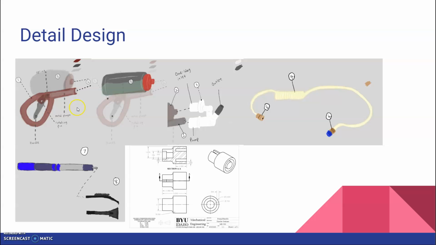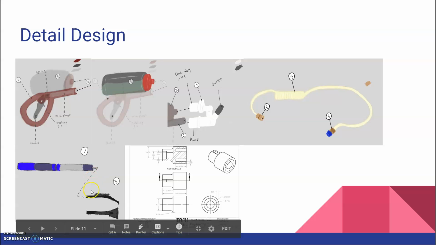So there's the handle with the pumping, or the plunger that goes into the pumping mechanism, the trigger that actuates that, the storage bottle that holds the de-icing fluid, the actual pumping system, and the tubing that carries the fluid from the pump to the nozzle at the end, and then the structure of the ice scraper handle and the ice scraper and brush itself.